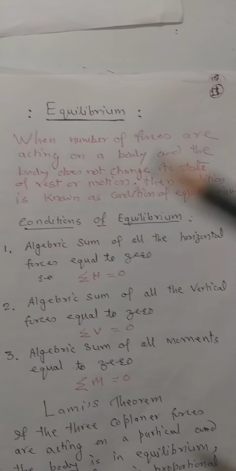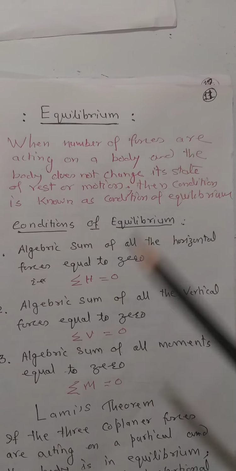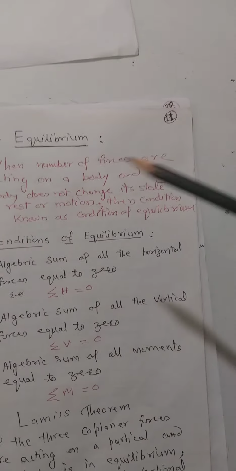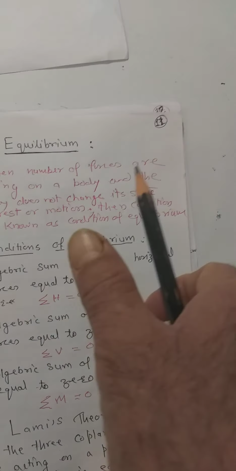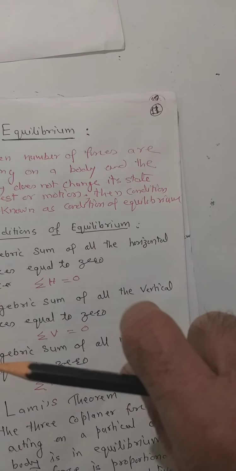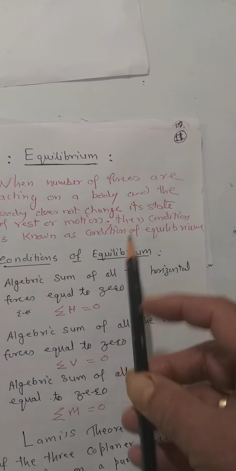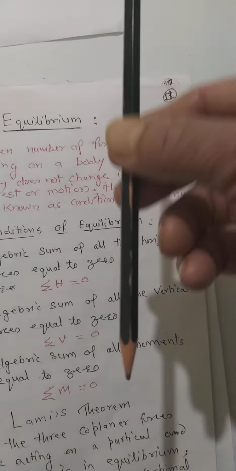That is, clockwise moment is equal to anti-clockwise moment. That's why if some moments are acting in this direction, others must act in this direction. That's why the body is neither rotating in this way nor rotating in this way. Similarly, some forces are acting in this direction and other forces are acting in this direction, and still the body remains stationary.